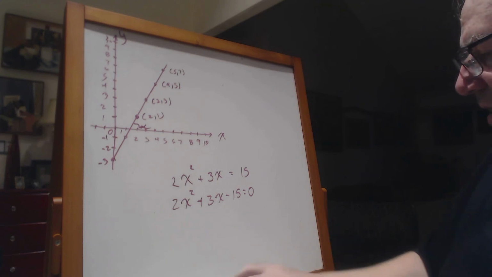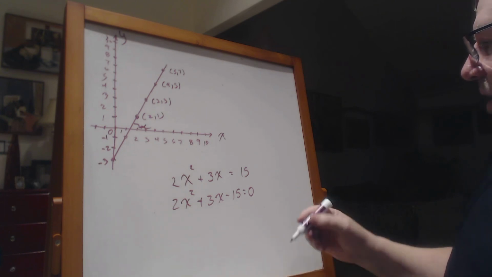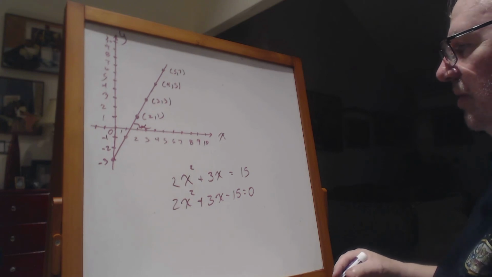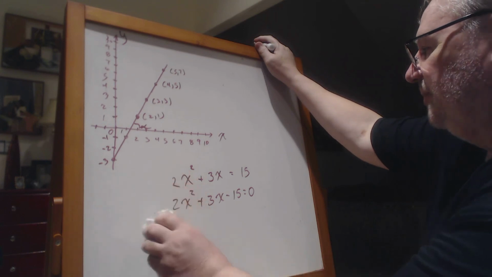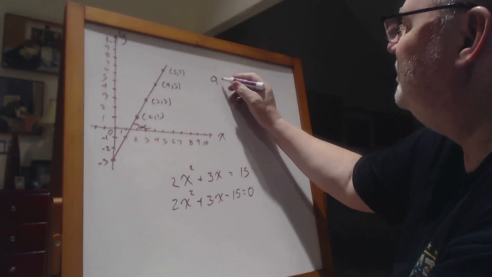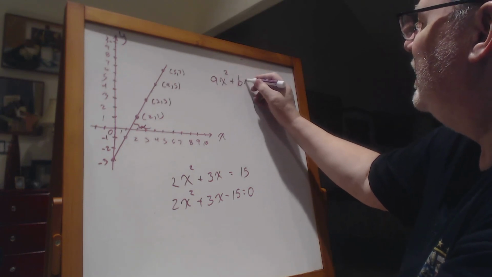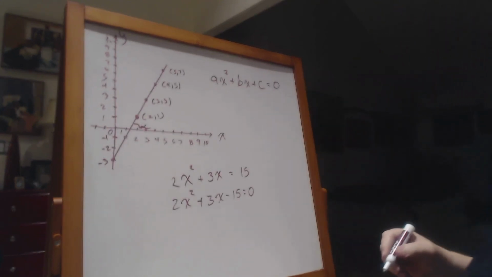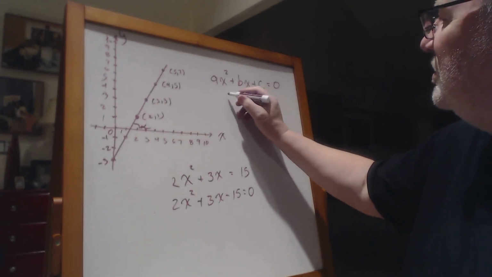Now, in this, we have a special formula called the quadratic formula, or the quadratic equation. Basically, let's say we have ax squared plus bx plus c equals 0. That is a quadratic equation.